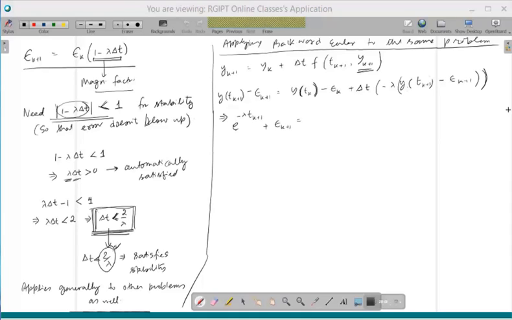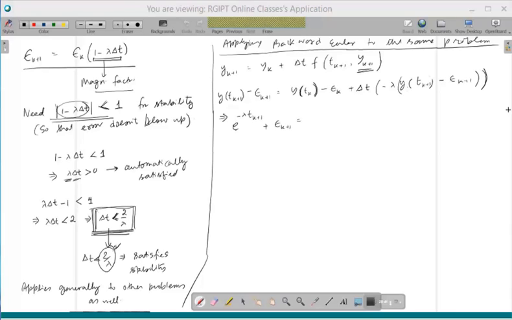But actually, to tell you, if a method is unstable for a problem that predicts exponential decay, then it will generally be unstable. So it's enough for us to check the stability of a method by applying it to this particular problem.